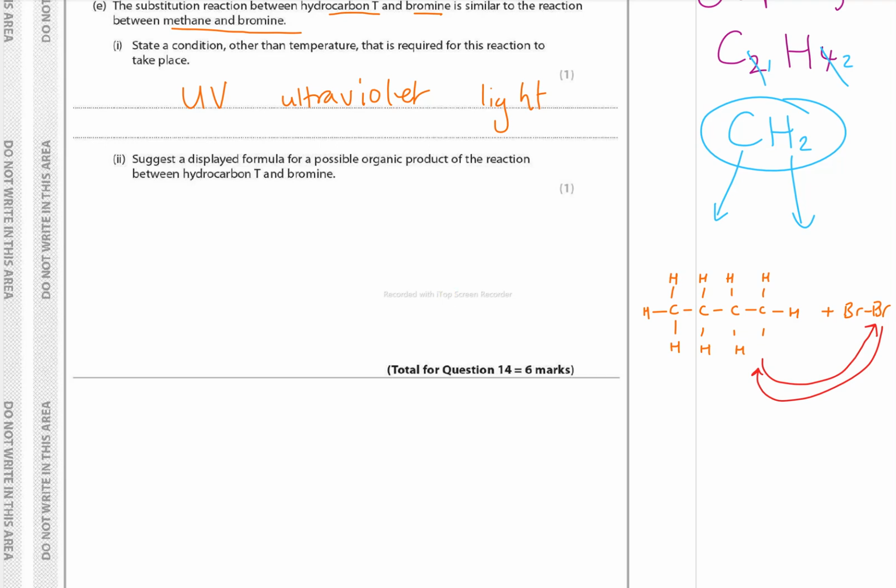Br ends there and H goes there. But normally you'll say hydrogen bromide. And that there, substitution. So we would draw that there. It's only one mark.